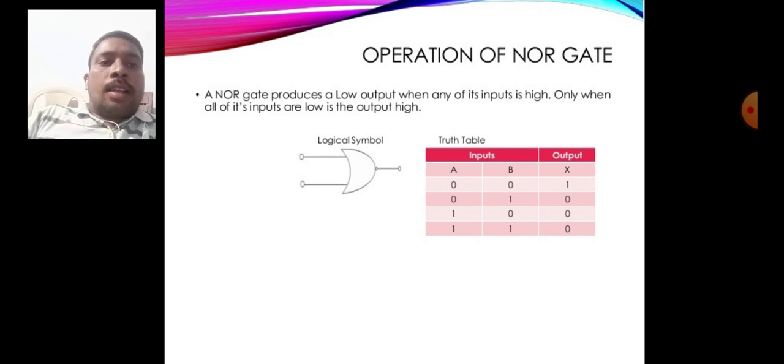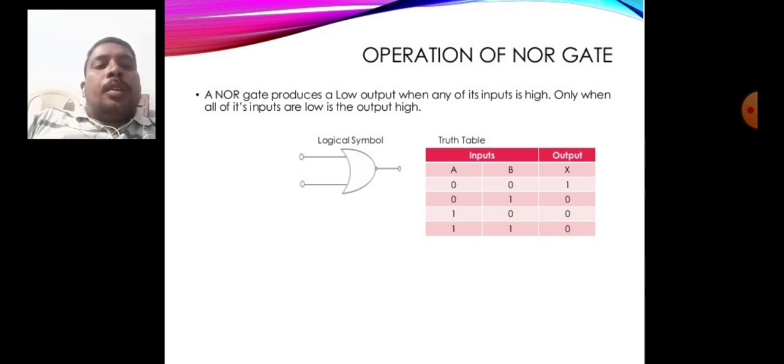This is the logical symbol and the operation of the NOR gate, and this is the table. A and B are the two inputs. If both inputs are low, that means 0 and 0, then the output will be high.